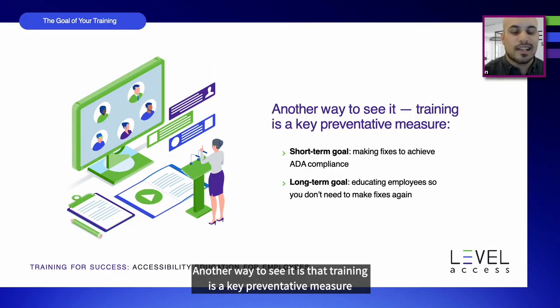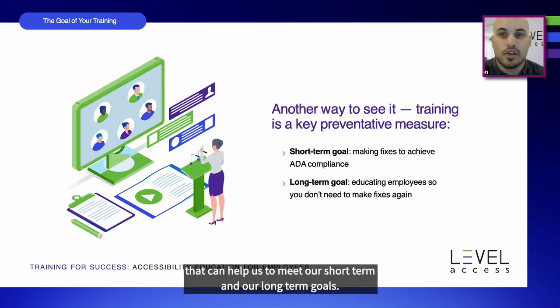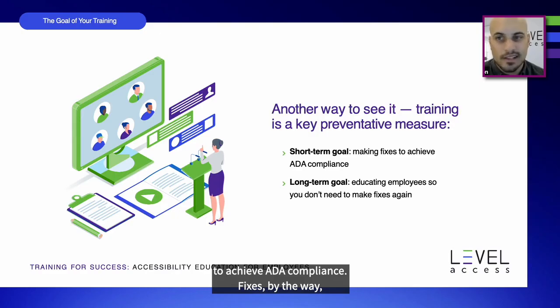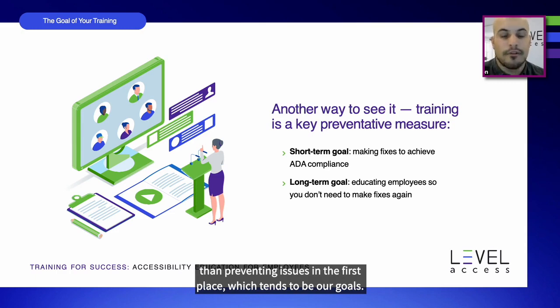Another way to see it is that training is a key preventative measure that can help us to meet our short-term and our long-term goals. Generally, short-term goals include making fixes to our existing products to achieve ADA compliance. Fixes, by the way, tend to be more burdensome, more challenging, more expensive than preventing issues in the first place, which tends to be our long-term goal, right?